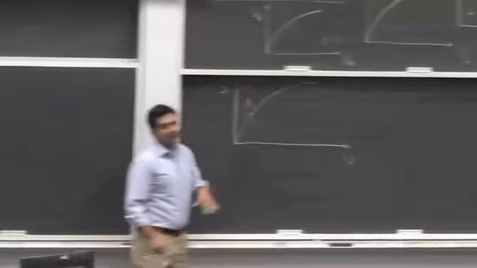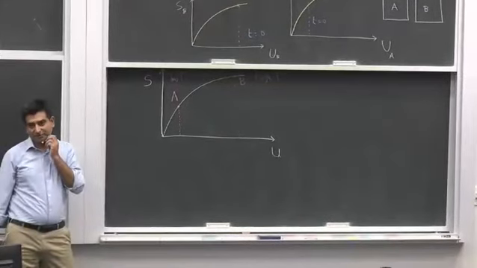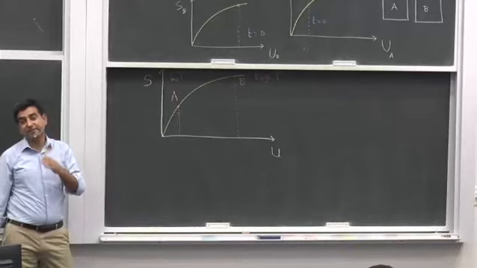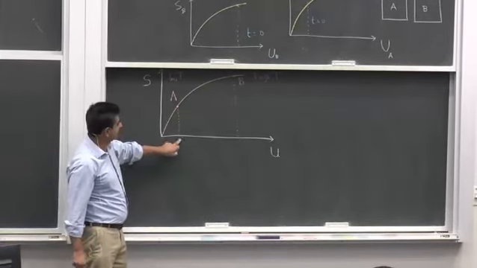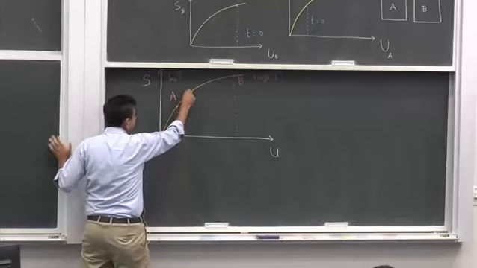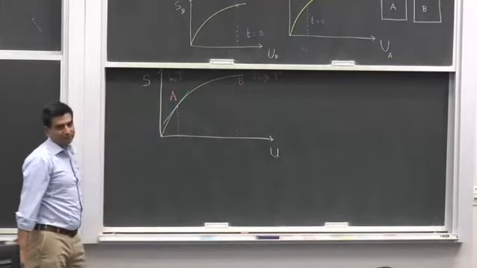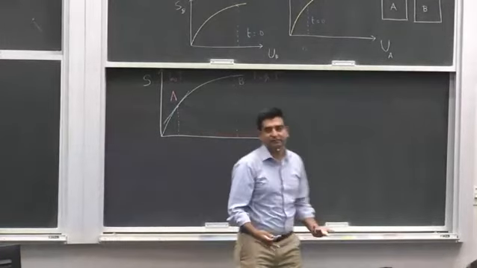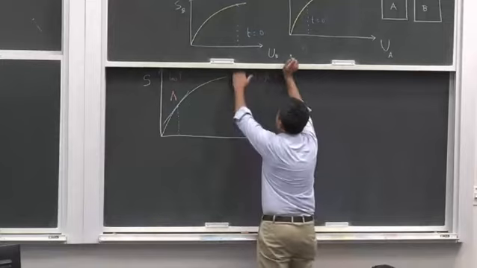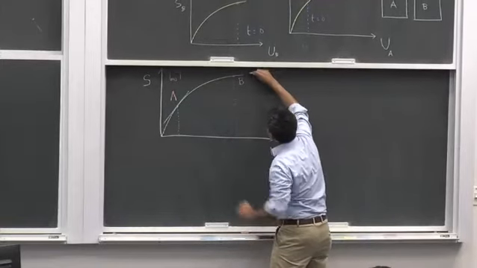Now the slopes of this graph are different, and slope is important. As I mentioned, it's related to the temperature. Here, for the cold object, this is the slope. If I just draw a tangent to this graph, this is the slope of this graph. At point B, the slope is totally different. At point B, the slope is flatter, it's smaller.